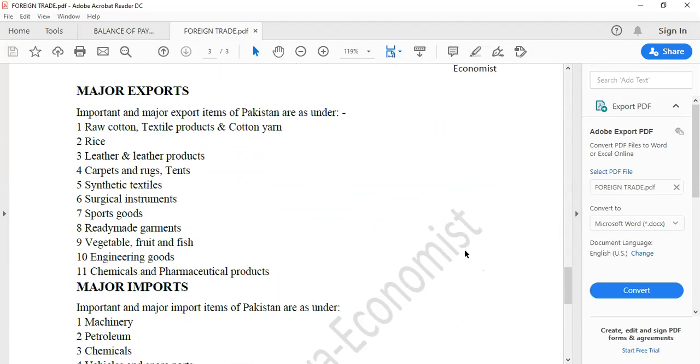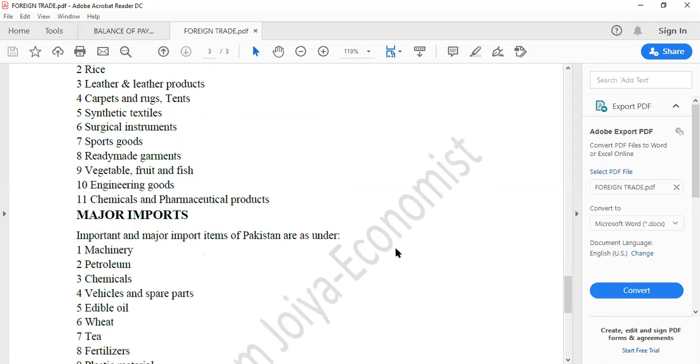Here are the major exports of Pakistan. Major exports of Pakistan are raw cotton, textile products, cotton yarn, rice, leather and leather products, carpets and rugs, tents, synthetic textiles, surgical instruments, sports goods, ready-made garments, vegetable, fruit, fish, engineering goods, and chemical and pharmaceutical products.